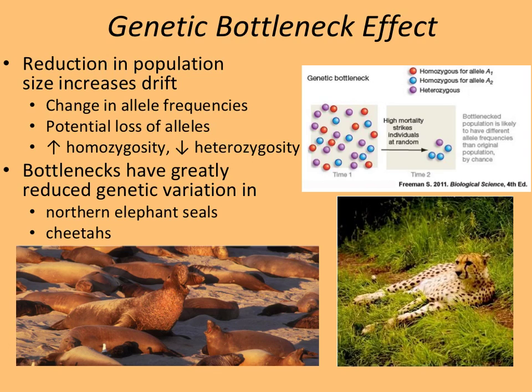Let's say high mortality or something like that. You're only left with purples and blues instead of the reds. They're completely gone. And then the bottleneck population is likely to have different allele frequencies than the first one and be under strong drift. And it looks like that happened with elephant seals and cheetahs.